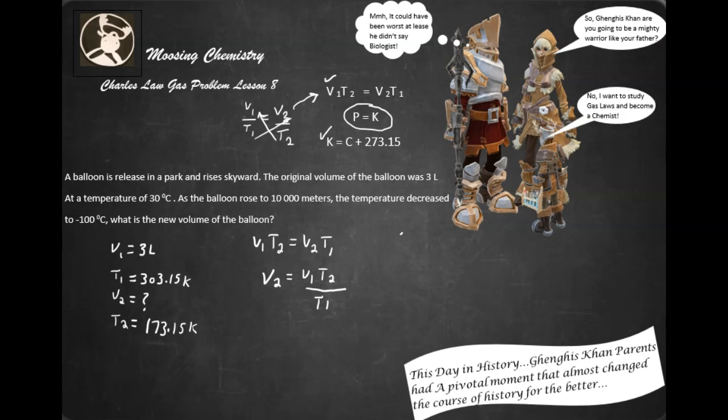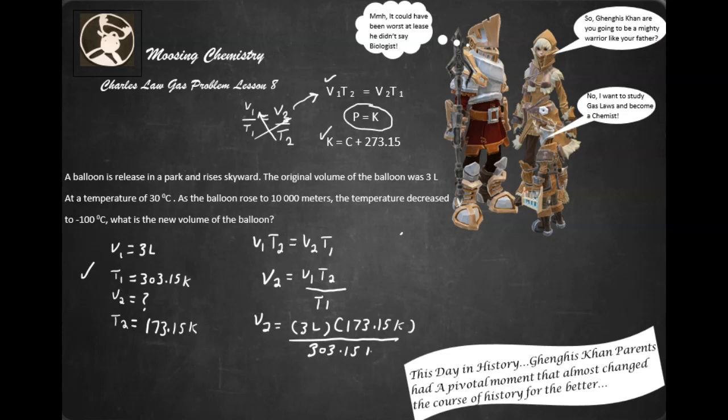Okay. So now what we're going to do is put in our values. And our values are what we got from our list right here. So we go V2 equals V1, which is 3 liters, times our T2 temperature, which was 173.15 K. See that right there? And divide that by our T1 temperature, which is 303.15 K. All right.